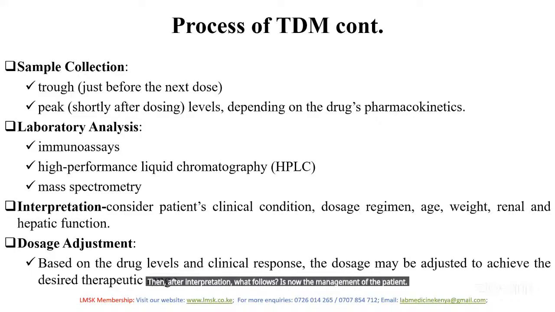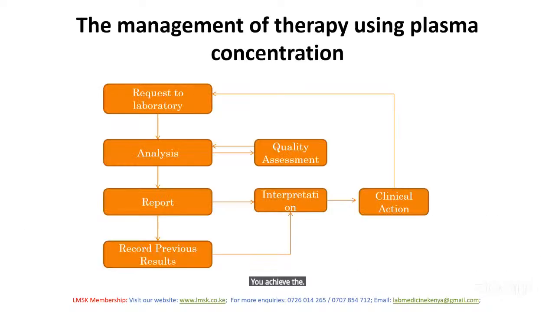The management of the patient means that you will consider dosage adjustment. Based on the drug levels and clinical response, the dosage may be adjusted either upwards or downwards so that you achieve the therapeutic range. This is just a flow diagram explaining how you manage drug therapy using plasma concentration.